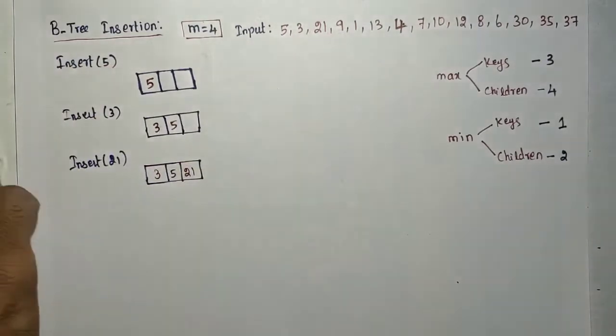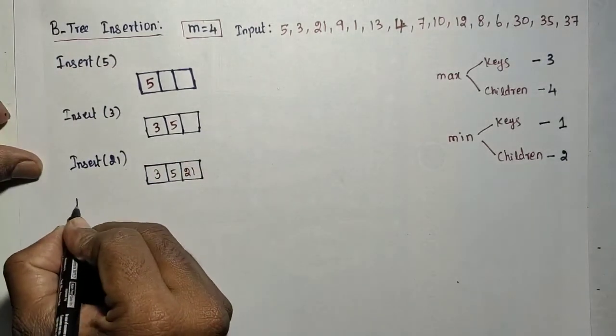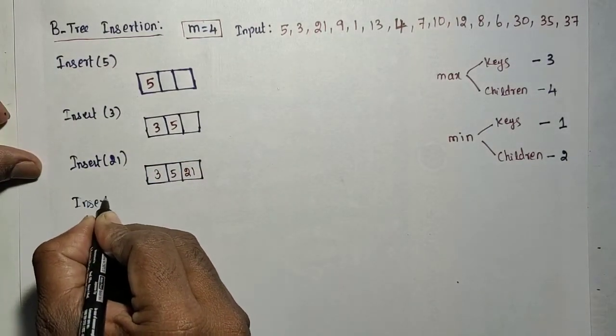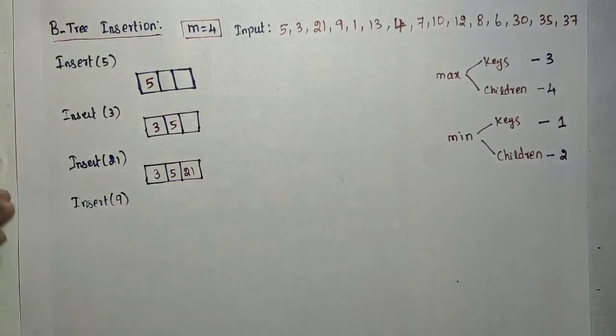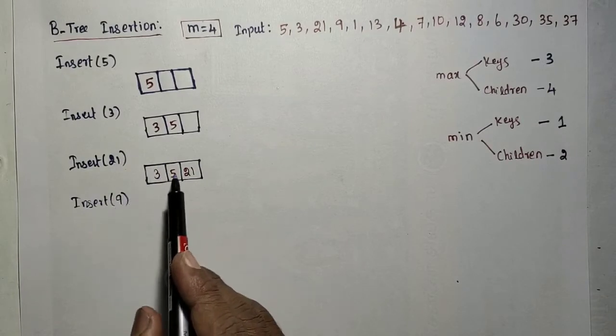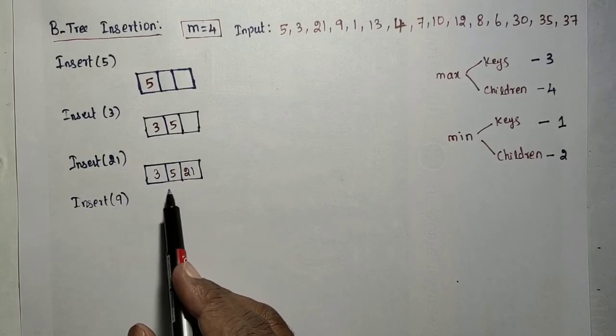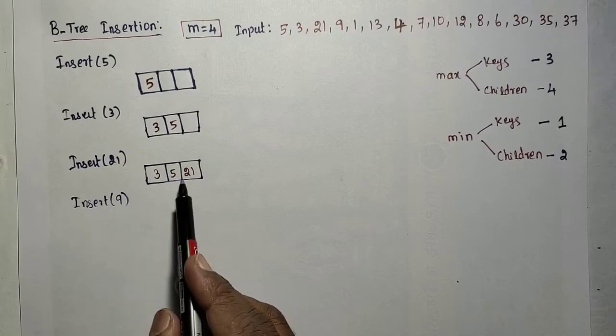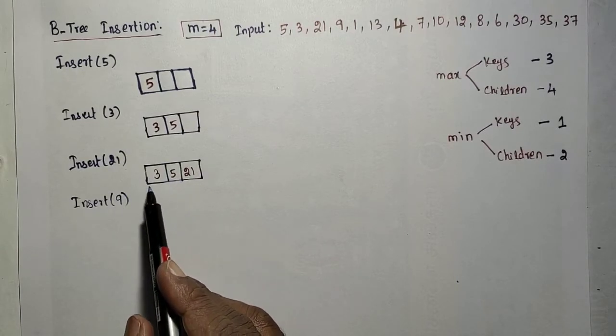Then next insert 9. When searching for space for the 9, the root is the leaf, so I need to insert the 9 into the root only, because there is no further leaf.